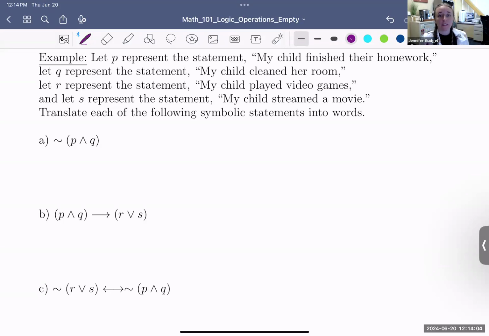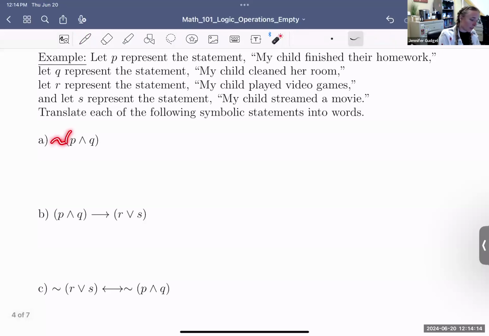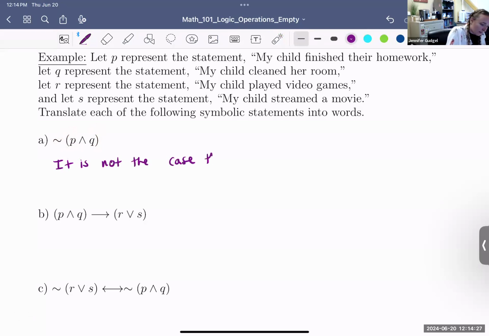We are going to take these negated compound statements below and write them into words from their symbolic forms. So remember, when we have a negation of a group, we say it is not the case that, and then whatever was inside those parentheses. It is not the case that, and now we need the P and Q part.